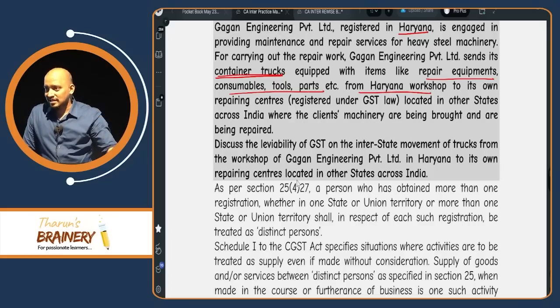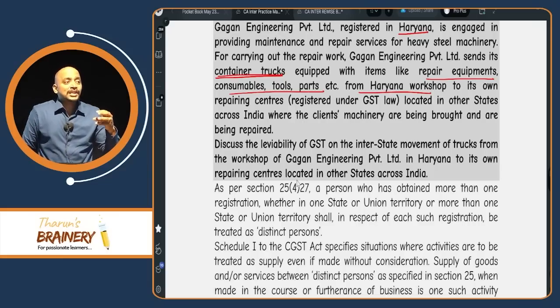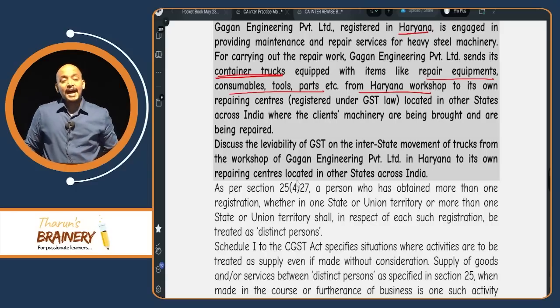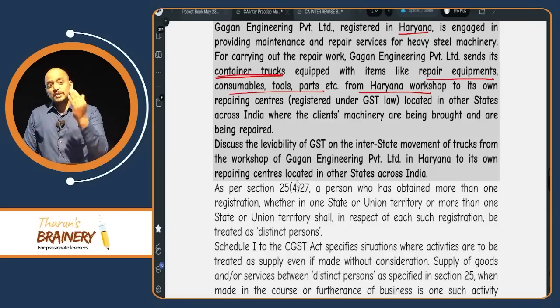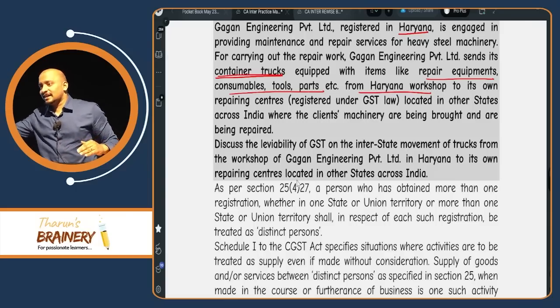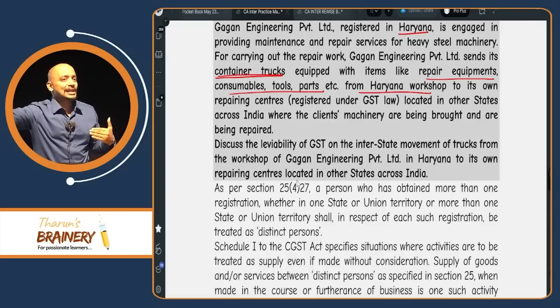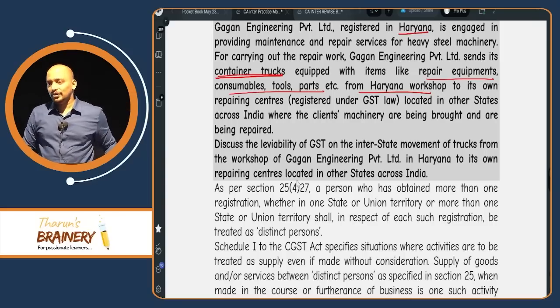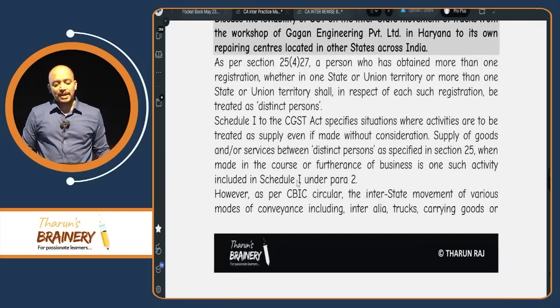As per that CBIC circular, any movement of conveyance between distinct persons is not a supply. However, GST is payable by the repairing center when they do the repairs for the clients. Is it clear or not? But on the truck, whether GST is payable? No. On the truck, GST is not payable.